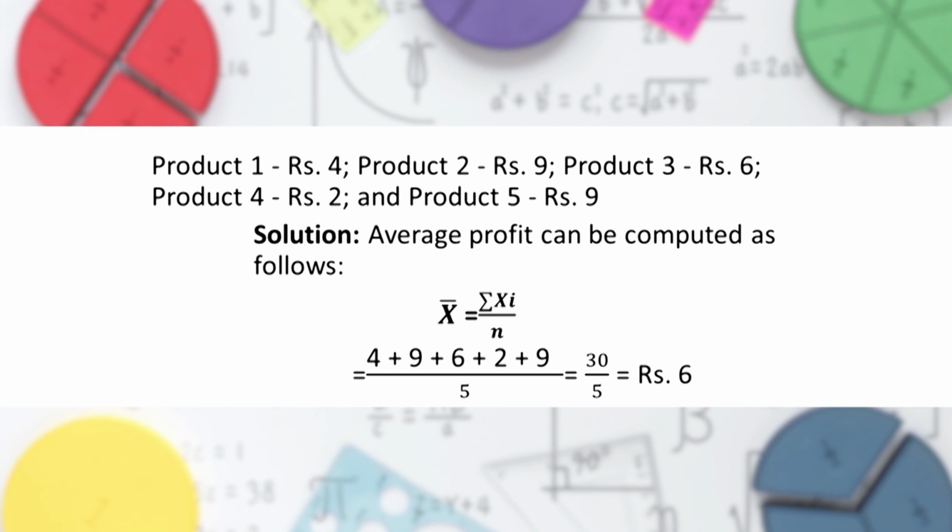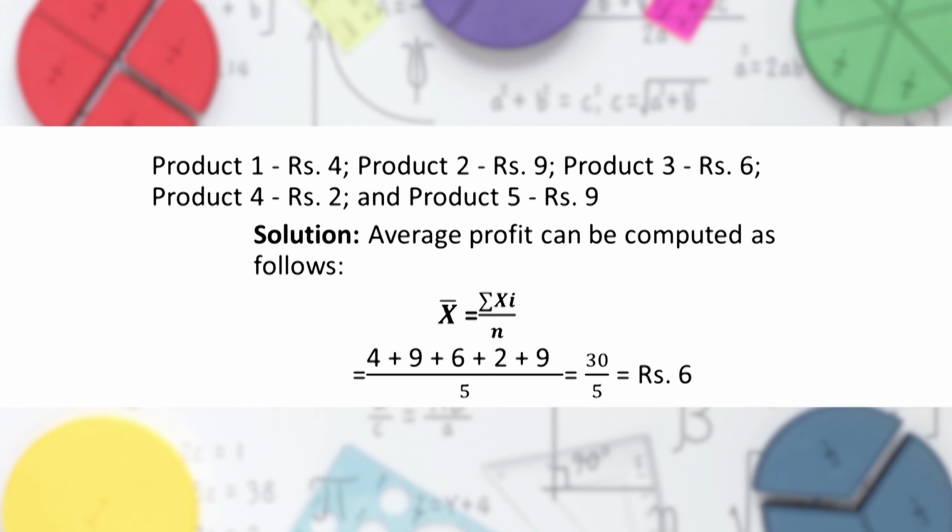If we talk of the formula, we will say that mean, or x bar, is equal to summation x upon n. That means 4 plus 9 plus 6 plus 2 plus 9, the profit per unit of the respective 5 products, all divided by 5. When you add up 4, 9, 6, 2 and 9 again, you get the value 30. Are you calculating with me?